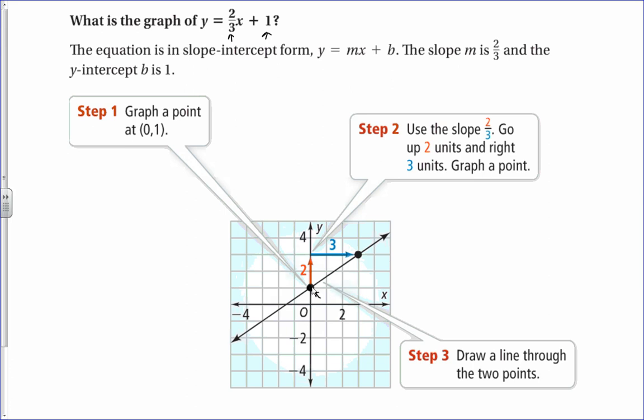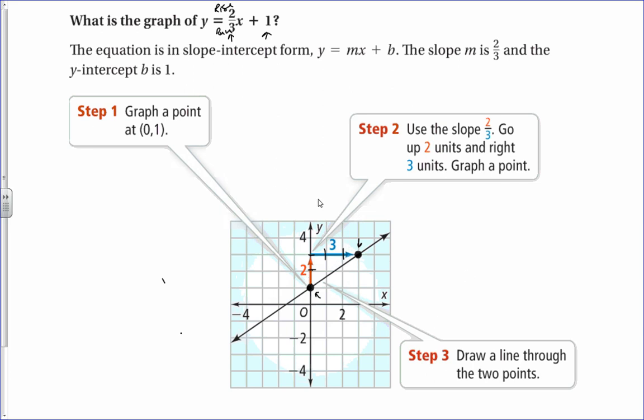So you plot that point. Then what you do, since slope is rise over run, you can simply count up 2 spaces, 1, 2, and over 3 spaces, 1, 2, 3, plot a second point, and then connect the line between them. All right, just like they explain here.